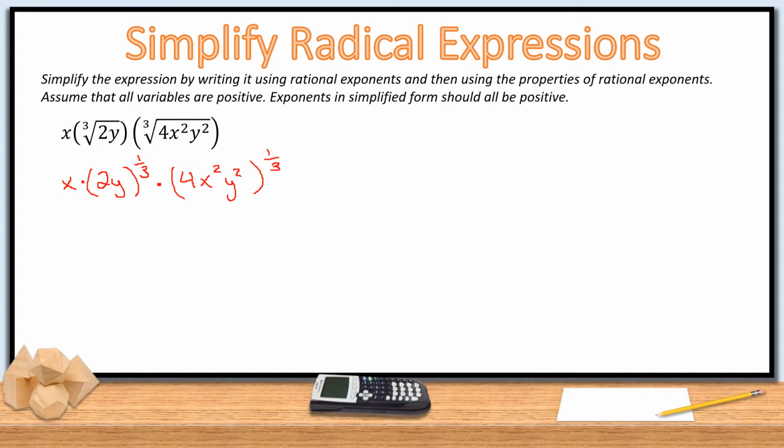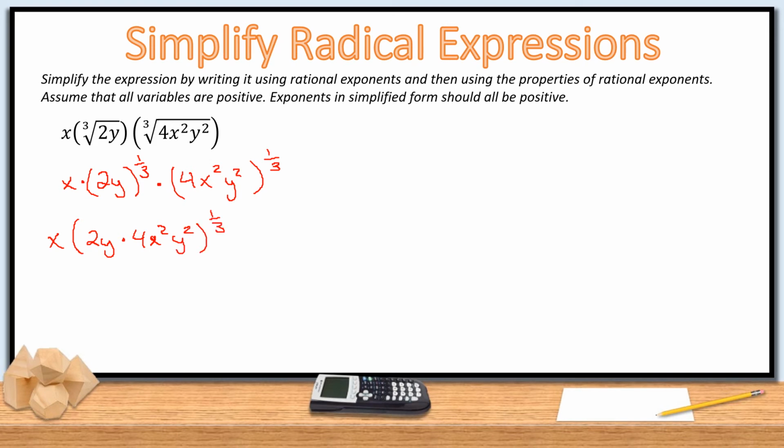All right, there's a couple of things I can do here. First off, they're both to the power of 1/3, which means that I could technically multiply the 2y and the 4x squared y squared together. So it would look like this. So I've got 2y times 4x squared y squared all to the power of 1/3.